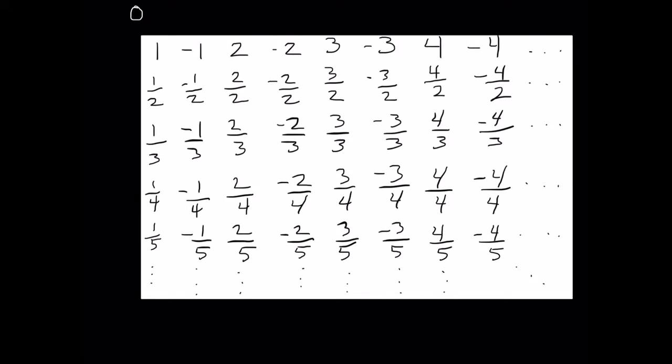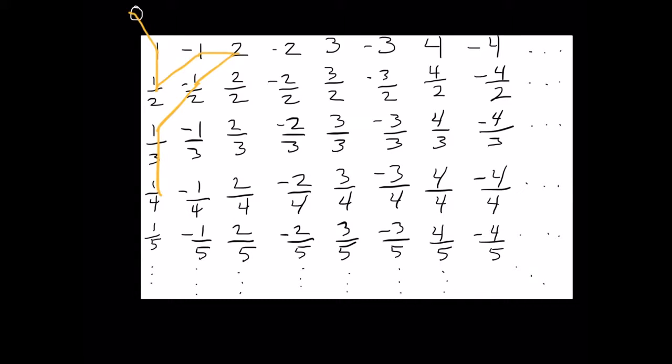So what we need to do is snake our way through the grid, and this is how we're going to count the rational numbers, but we're just going to skip over any rational number that is expressed as a fraction that's already been counted. So we're going to start counting with 0, then 1, then 1/2, -1, over to 2, then diagonally down to -1/2, 1/3, 1/4.